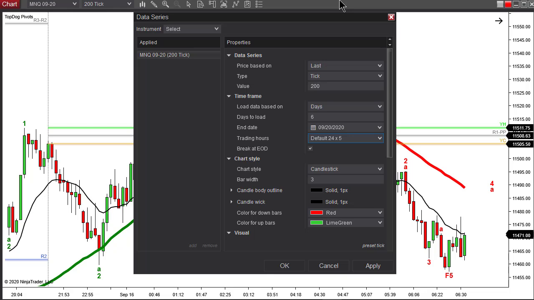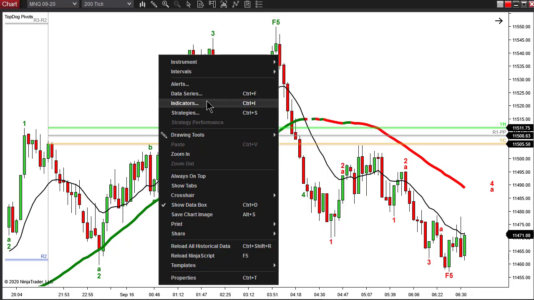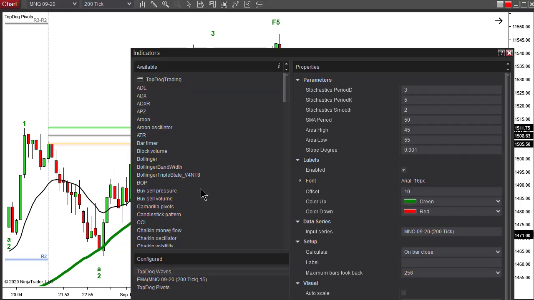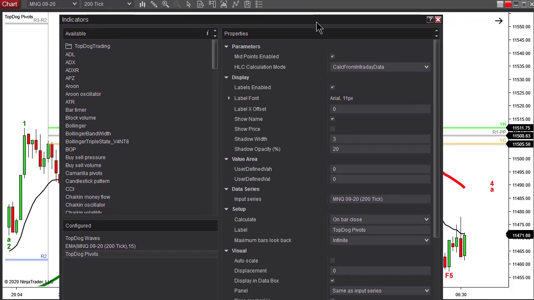So that's one distinction. But the other distinction is when I come in here to my pivots indicator, and let's get down to that. There we go. All right, so you've got choices, and so you can use daily bars. Do not recommend you use daily bars. You can use defined values. That's fine if you want to do that.